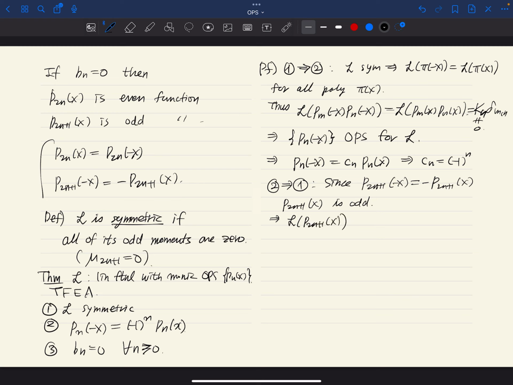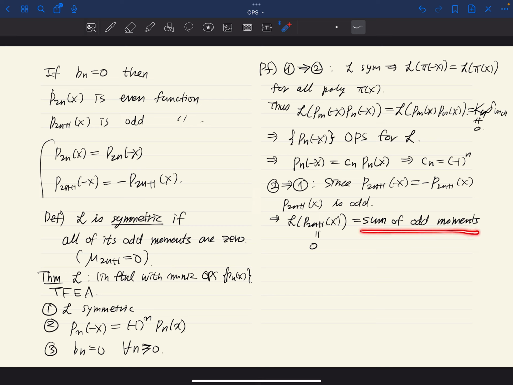An odd polynomial, an odd function, means we only have odd powers of x in the polynomial. So this is a sum of odd moments with some scalar multiples, of course. And this is 0 because, by orthogonality, it will be 0.